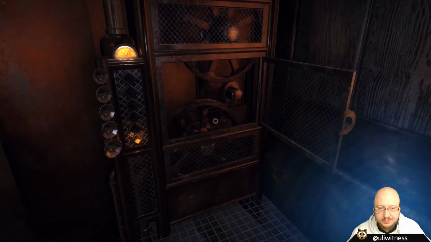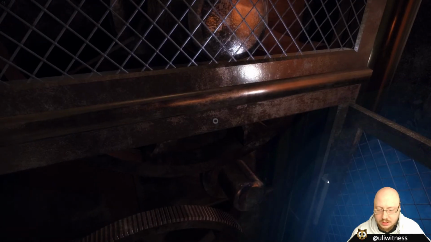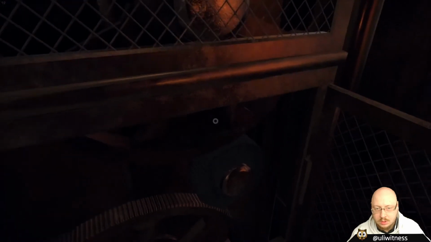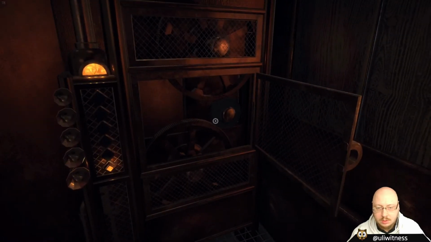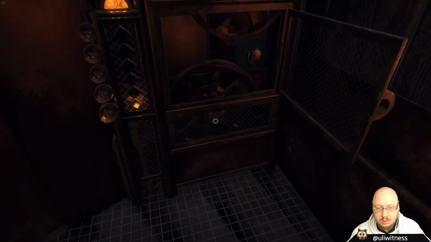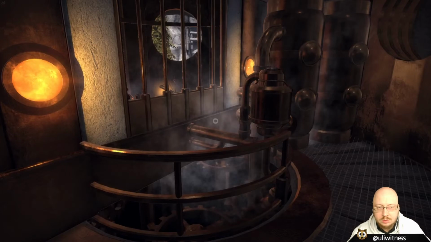Okay, so we've opened this and I have no idea. Oh, I guess we're missing a gear, and I think we had one. Wait, this one? Yeah, okay.